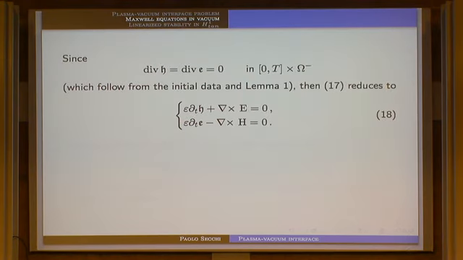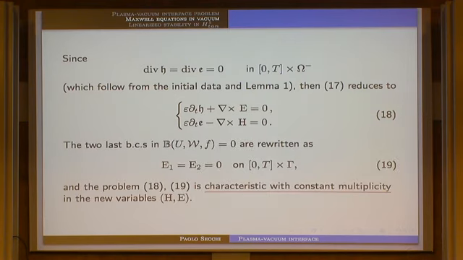So now we have that the divergences of the 2 small Gothic letters H and D are 0, which comes from the restriction on the initial data and the application of our lemma 1. Then the system reduces to this simple form of the Maxwell equations.